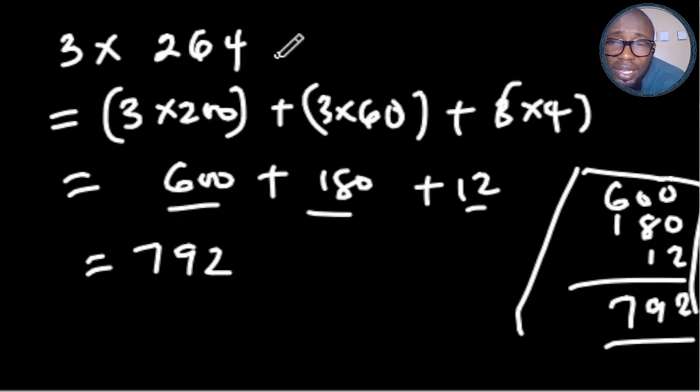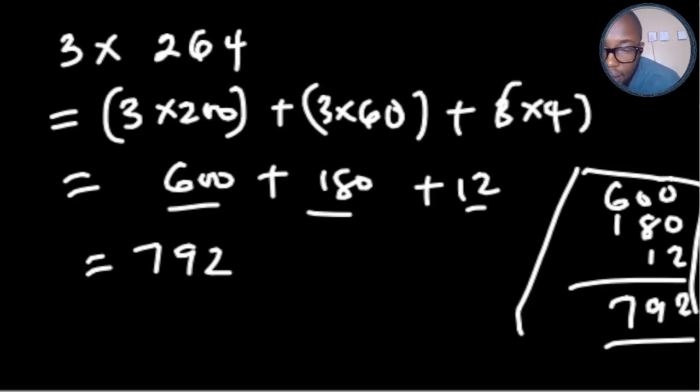And your accuracy is almost guaranteed, like 100% accuracy most of the time. So, this is the secret of breaking numbers apart. This is the secret of patterns and properties, distributive and commutative.